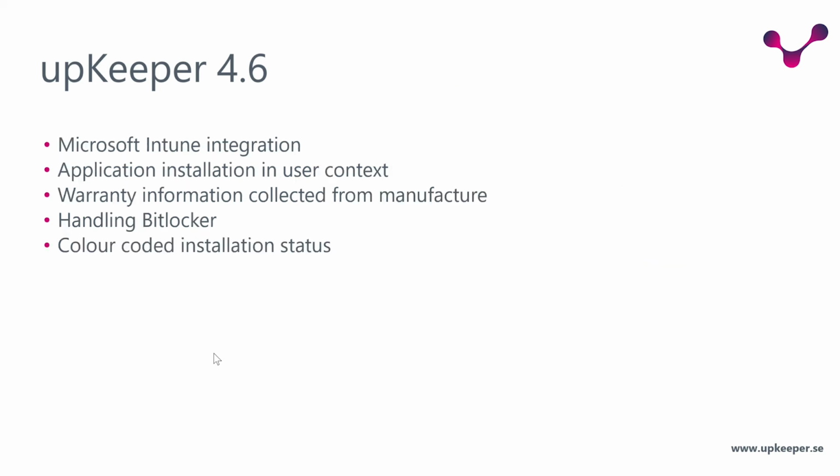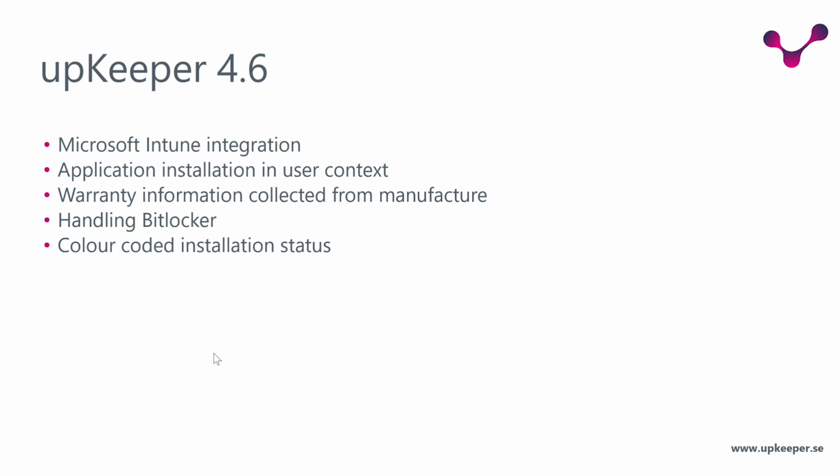So the main features in 4.6: the integration with Microsoft Intune, the application installation in user context. You can get the warranty information. At the moment, we have Dell, Lenovo and Fujitsu, which we can get warranty information from. We hope to add HP in the near future.